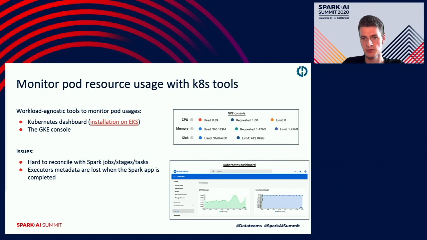The main issues, though, with this type of monitoring are first, that it's hard to link with Spark phases like jobs, stages, and tasks. And second, executor pods are removed once the Spark app is finished, and so you lose a lot of useful metadata.